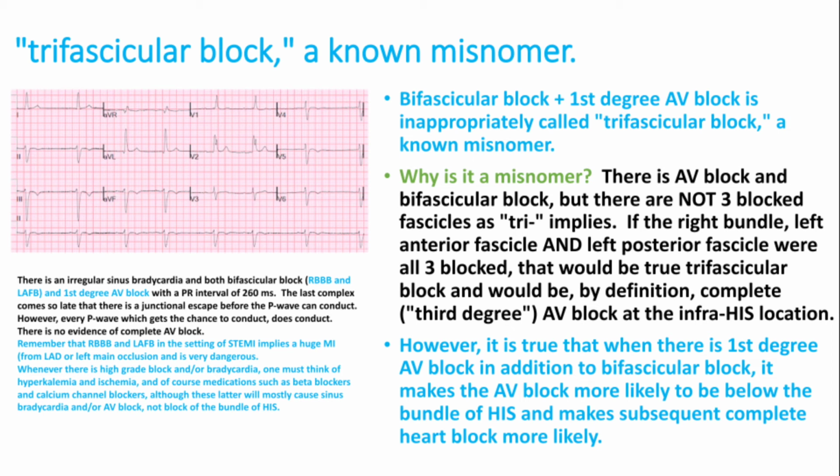Trifascicular block means you have RBBB, you have left anterior fascicular block or left posterior fascicular block, plus an AV block like first degree or second degree heart block. When all these things are there, there is complete cutoff from the atrial conduction to the ventricular conduction. This should be taken as a third degree heart block.